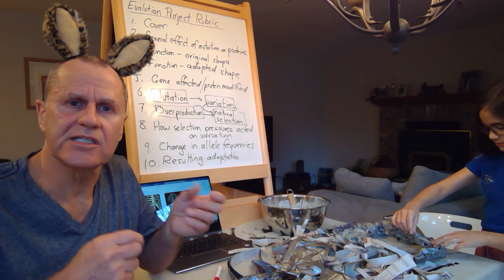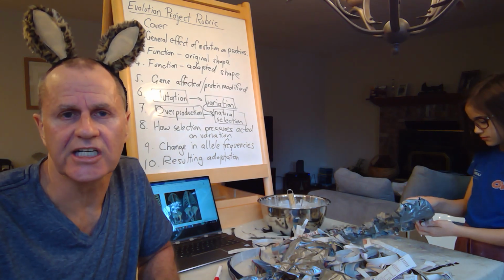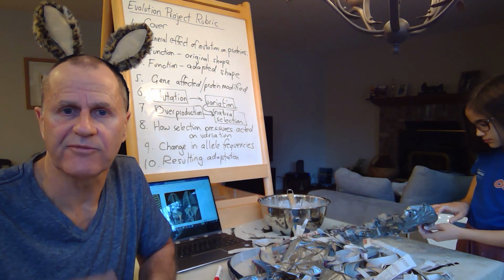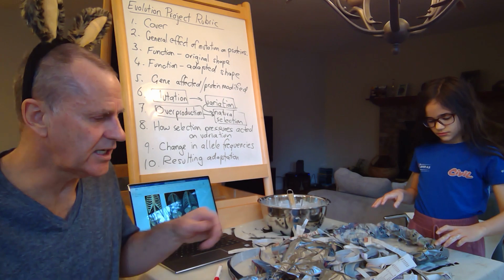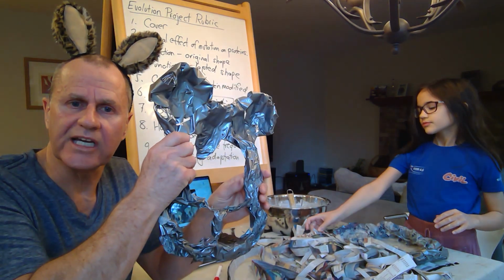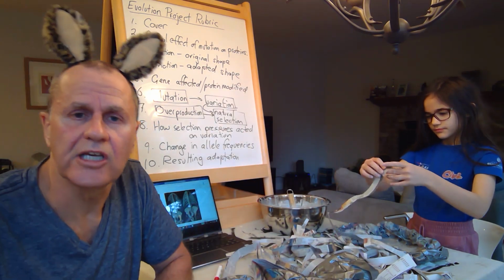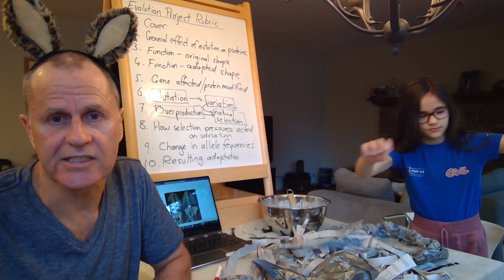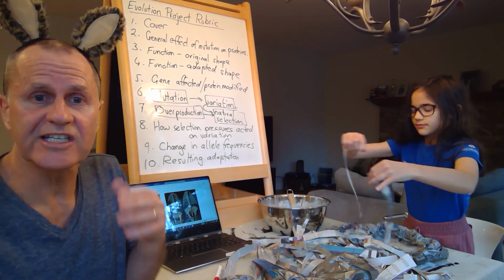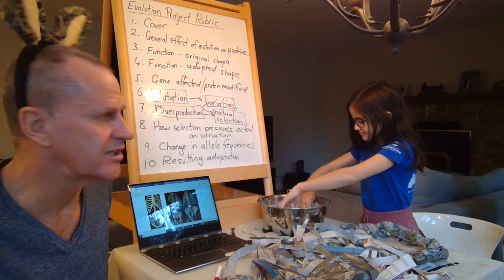And so, instead of the frequencies of the two versions of the PIT1X gene staying the same or roughly the same from generation to generation, here we're going to get a situation where the Rudopithecus type PIT1X gene decreases as the generations go on, and the human variation of it increases as the generations go on. It's a pretty simple concept, but you do have to express it in the right terminology.